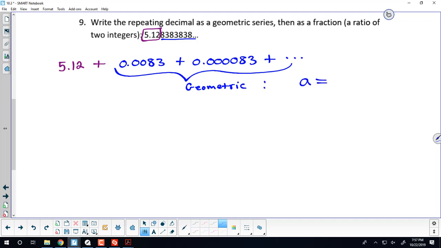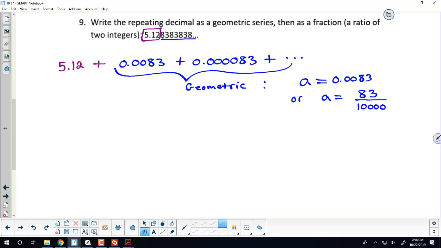The first term of that geometric is 0.0083, or we could write that as 83 over 10,000.